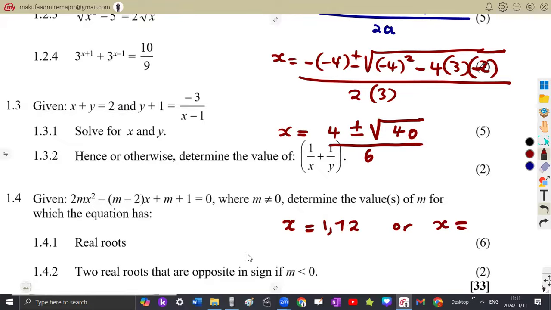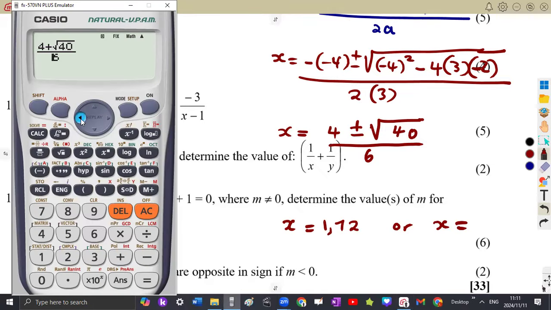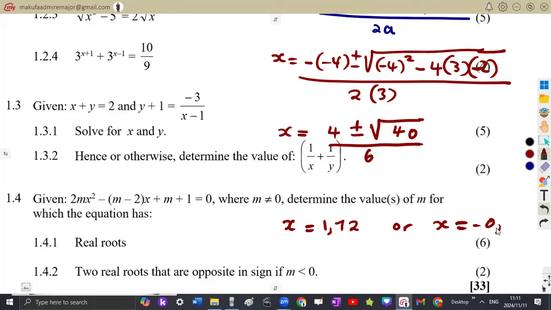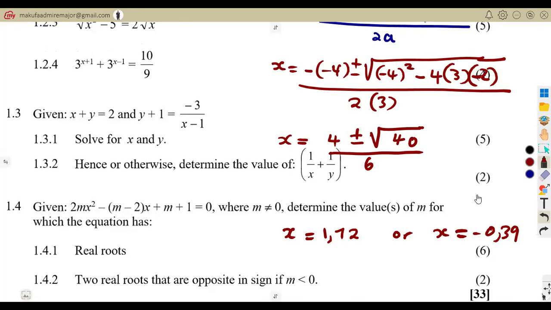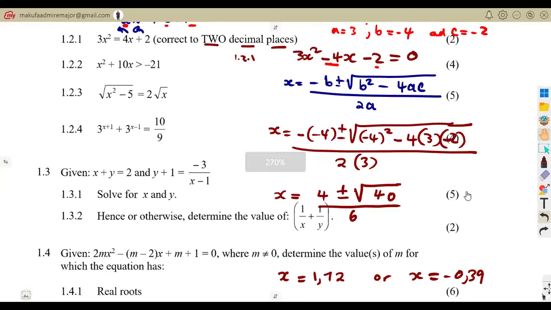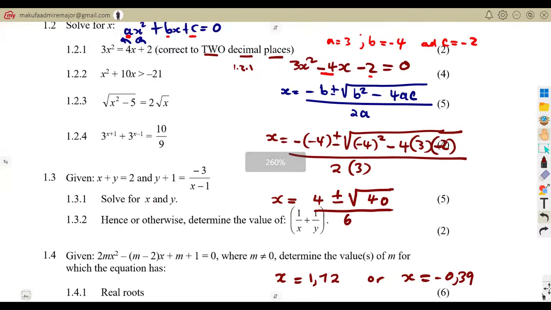For the other x, if we simplify from this other side, you're going to have a negative there, which is -0.39. So these are the 2 possible values of x that you obtain from this quadratic equation.